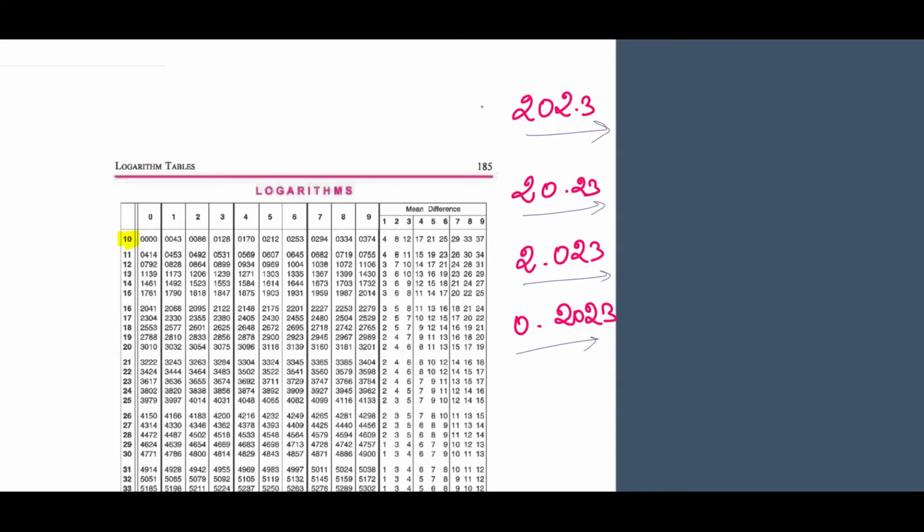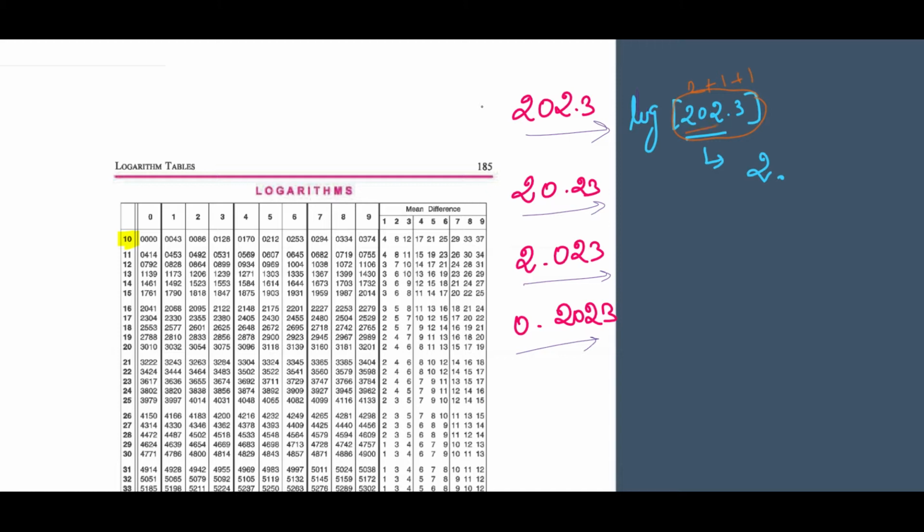So first we will go. So first my point is log of 202.3. So how many significant figures or characteristics is that? 3. So 3 minus 1, 2. So 2 point. So again we have to follow that 2 plus 1 pattern. Don't worry about where the decimal point is there.